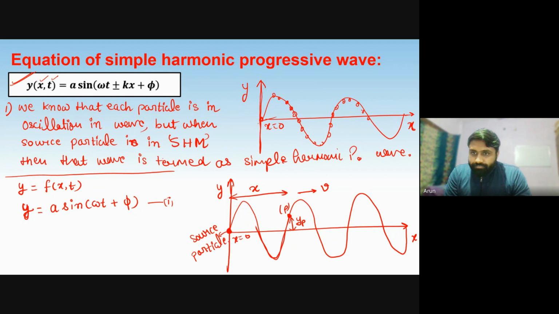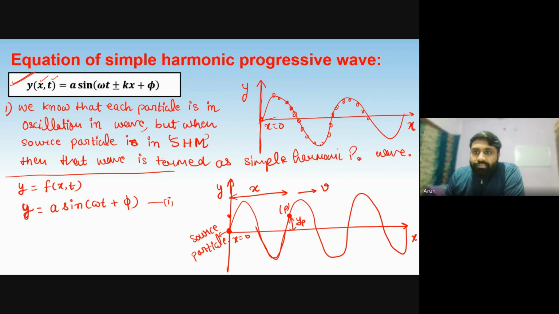Got it? So what I want to say is that this displacement yp, sometime before, was at the source point, because the source is also doing SHM, and that disturbance is traveling further, which means sometime before, that particular displacement that we are talking about at point P was at the origin.